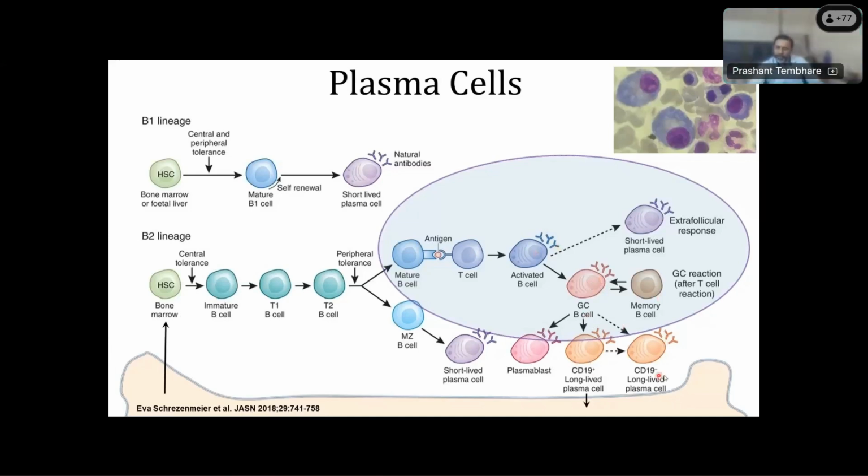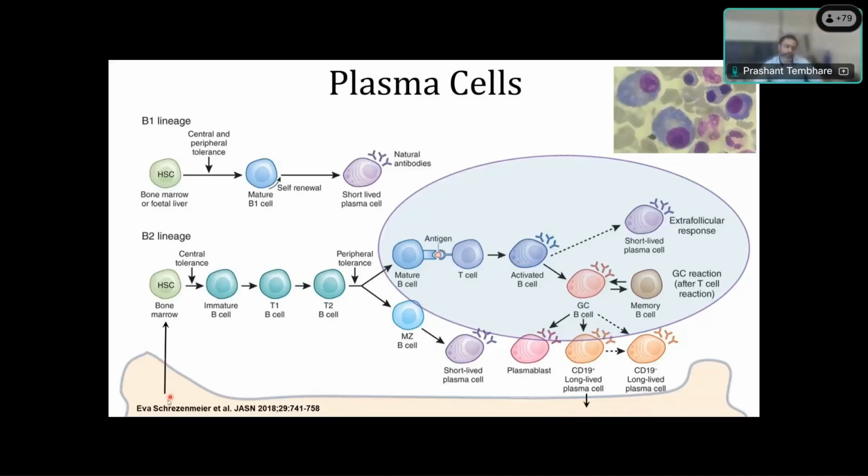Some of these plasma cells then re-enter the bone marrow, and the bone marrow gives them the niche to survive and function, and carry out their secretory function.